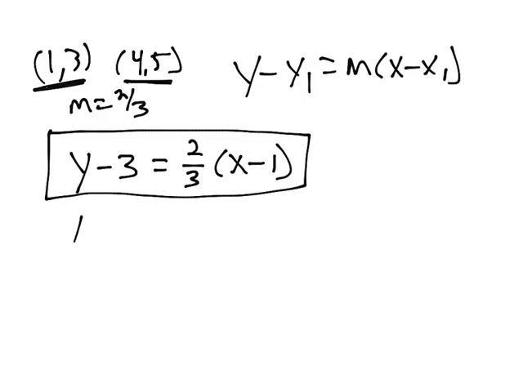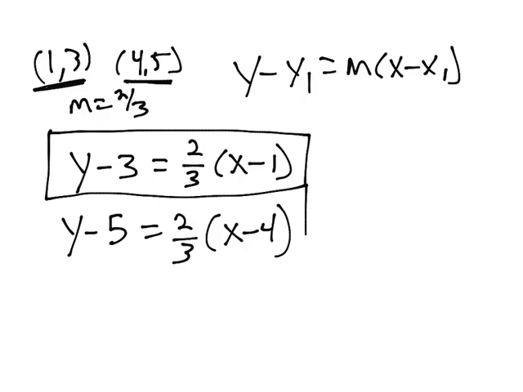I know, I hear you all out there going, but we didn't pick 1, 3, we picked 4, 5. Okay, for those people, quit your belly aching. I can get you happy, and I would use x1 equals 4 and y sub 1 equals 5, and I would get a perfectly acceptable form. Y minus 5 equals 2/3 times x minus 4.